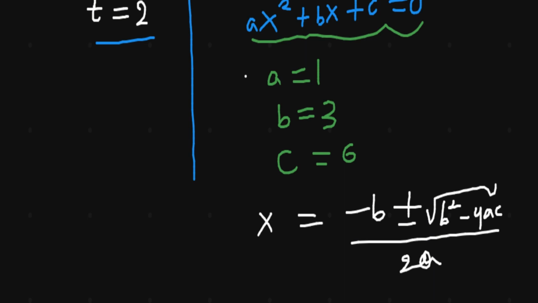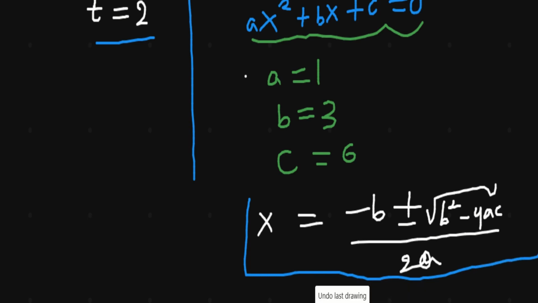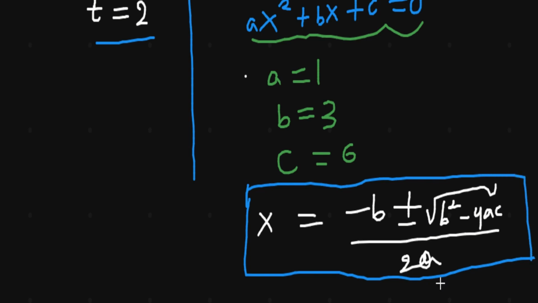So by using this formula we can find the roots of any quadratic equation given. So this is the formula we have for finding the roots of any quadratic equation, that is x is equals to minus b plus or minus root b square minus 4ac by 2a here, where a is equals to 1, b is equals to 3, and c is equals to 6 here.